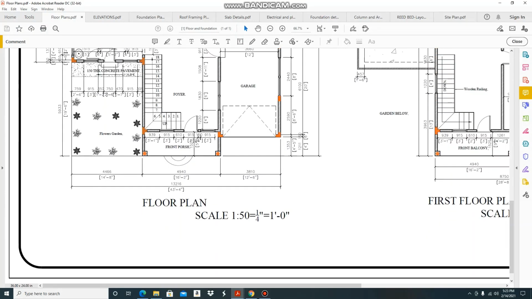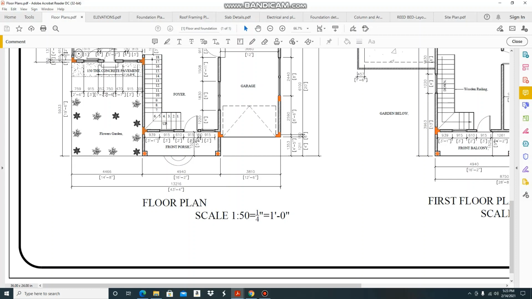If you notice in this floor plan in particular, it is done at a scale of 1 in 50, equal quarter inch equal 1 foot 0 inches. What that means is that every quarter inch on your tape measure represents 1 foot 0 inches.